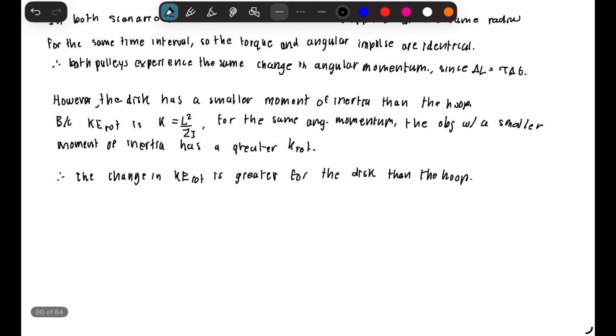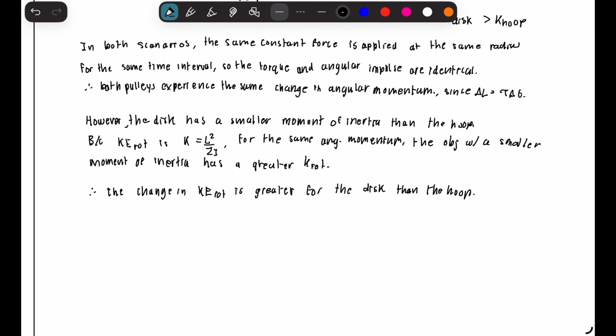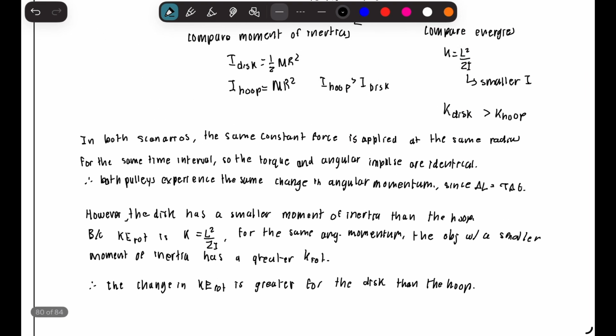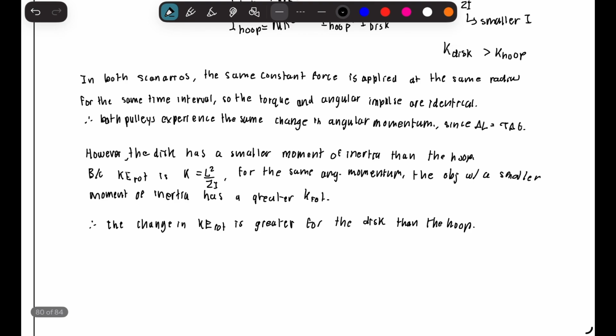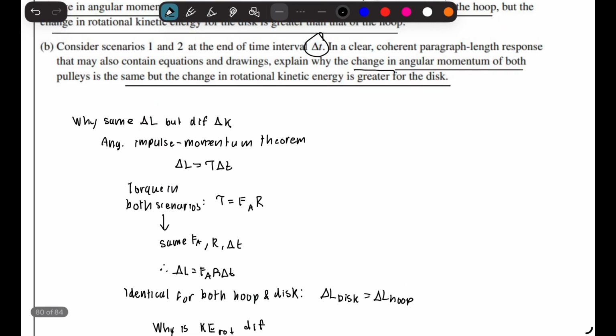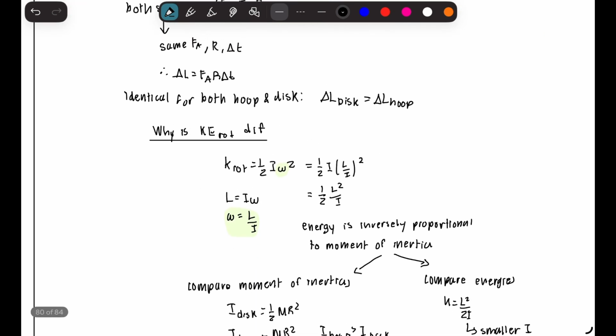So essentially, the same delta L because it's the same torque times time.